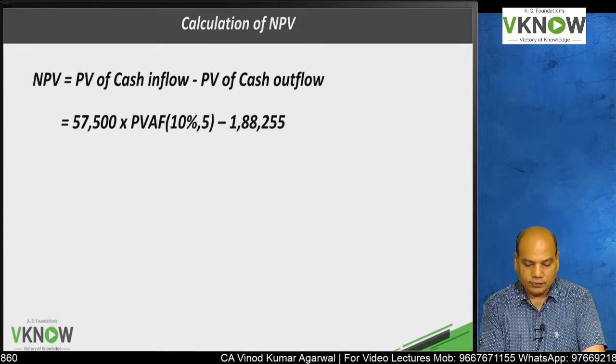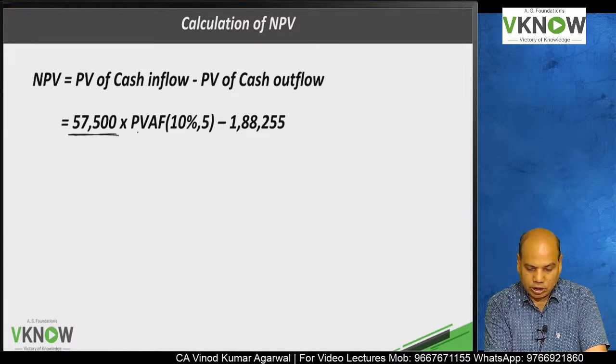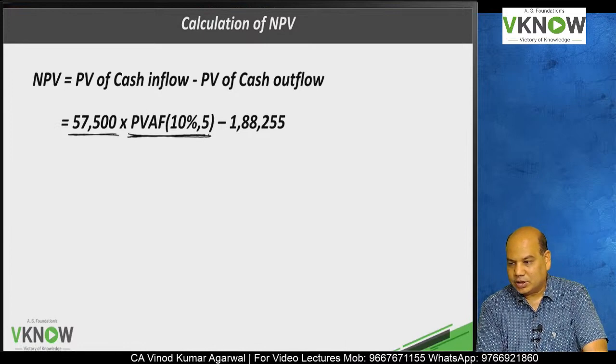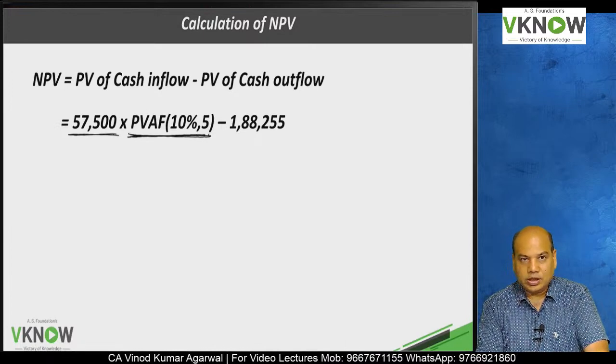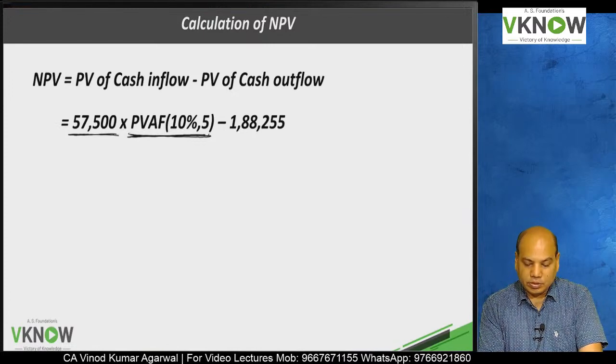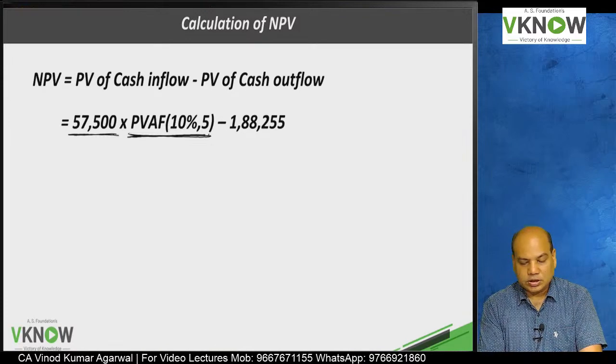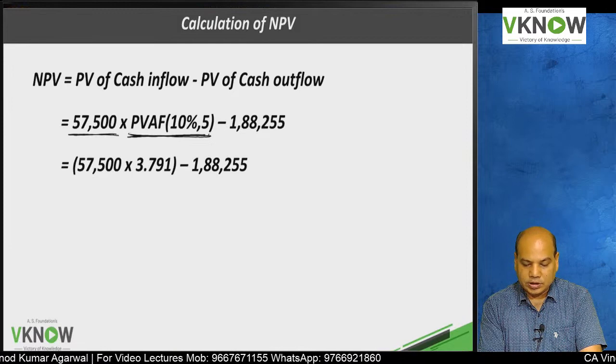PV of cash inflow will be annual cash inflow into PV annuity factor at 10%, 5 years, minus 1,88,255. Solve. Give me the answer. Solve and answer, please.